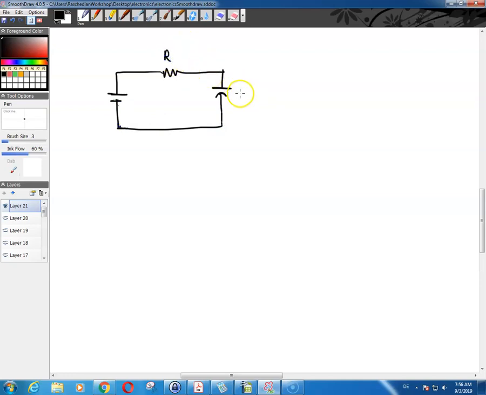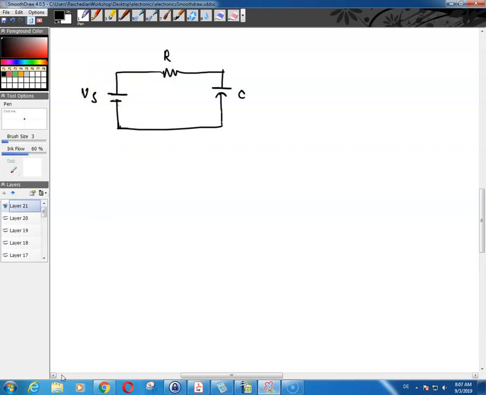This is your R, this is your C, and this is your power supply voltage. You want to calculate the time constant, how long it takes the capacitor to fully charge, and the voltage level after one time constant if a 10 volt battery is used here.